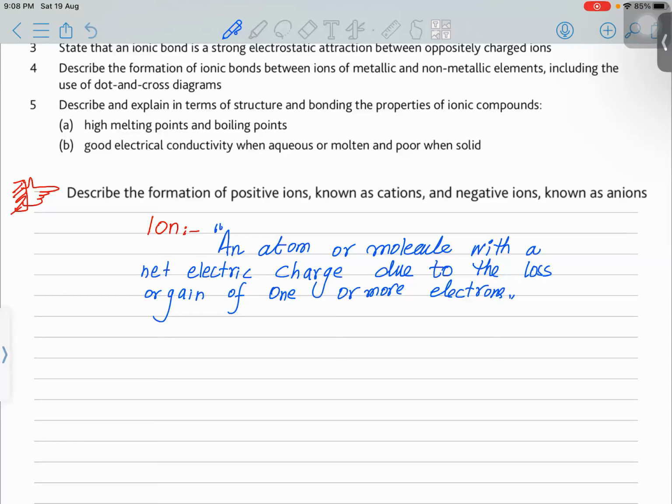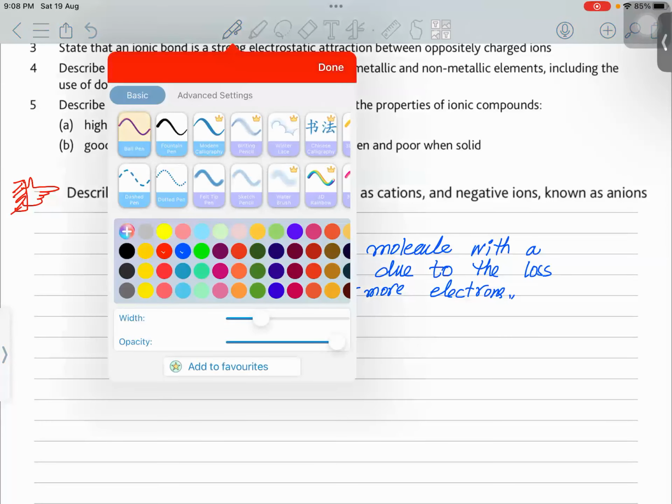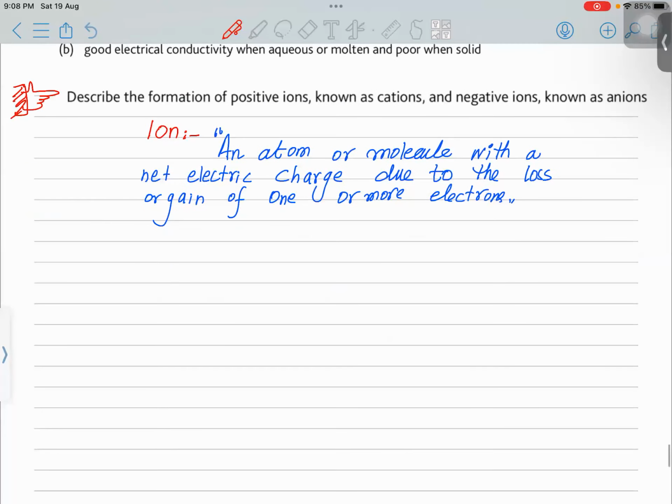Now next, for example, we have sodium. Now one electron is removed. Now this electron is removed. This is called cation.